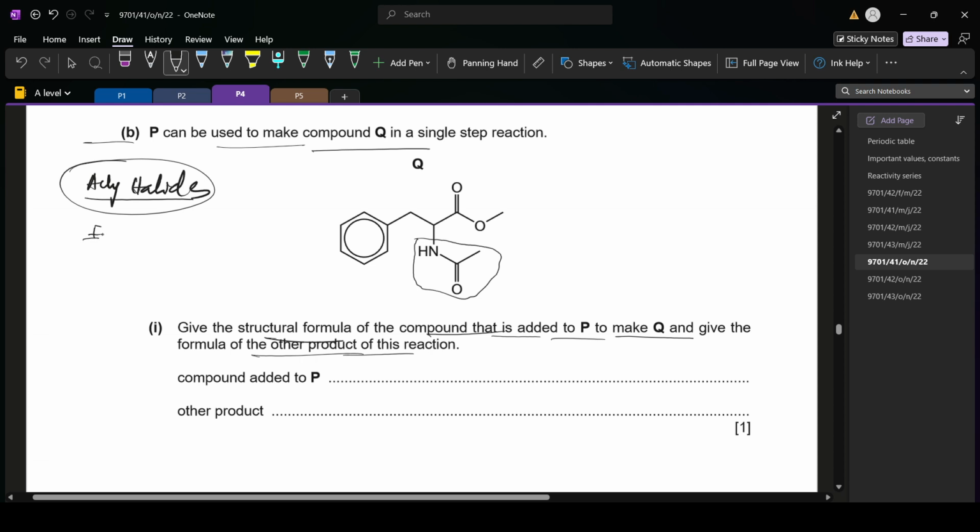ethanoyl chloride, and its formula is CH3COCl.